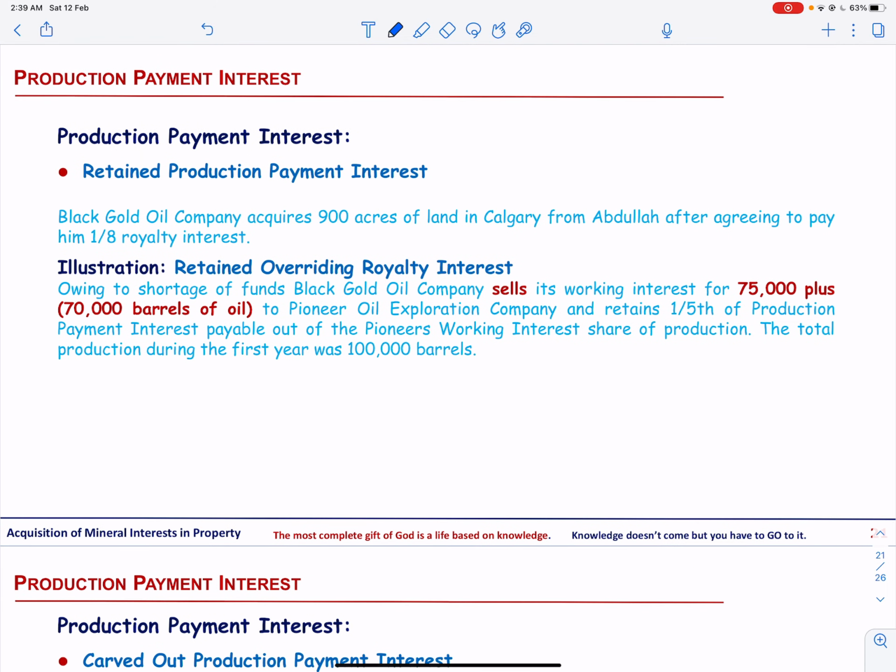Black Gold Oil Company acquires 900 acres of land in Calgary from Abdullah after agreeing to pay him 1/8 royalty interest.